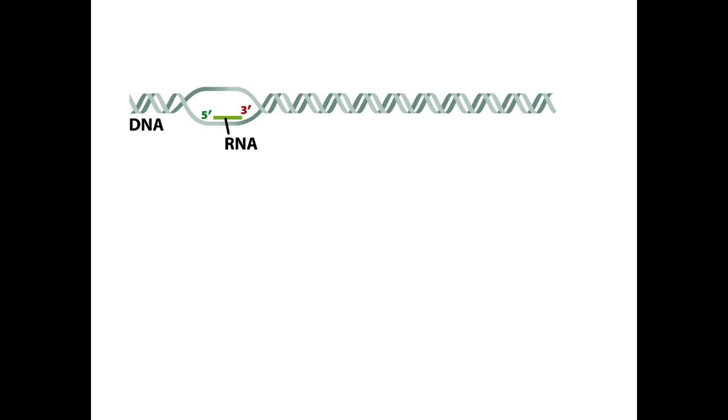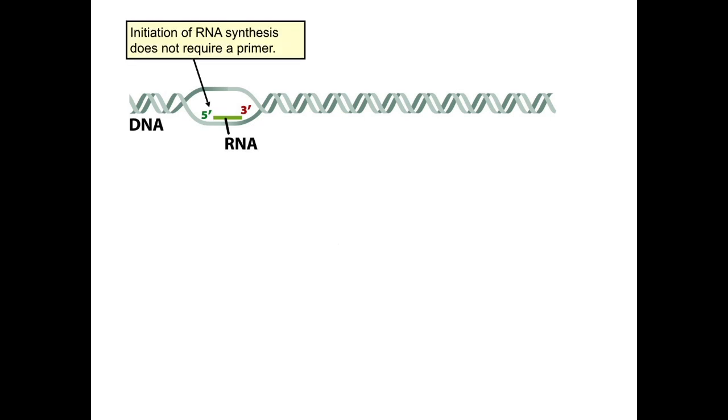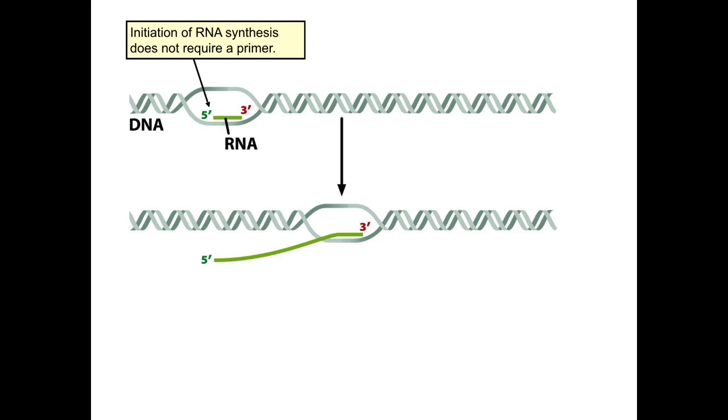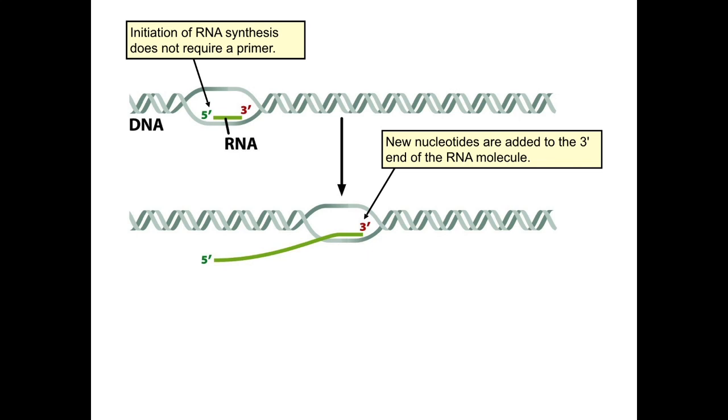The RNA polymerase complex is recruited to the DNA, and then RNA synthesis begins. The initiation of RNA synthesis does not require a primer. The RNA is extended and new nucleotides are added to the 3' end of the RNA molecule by the polymerase.